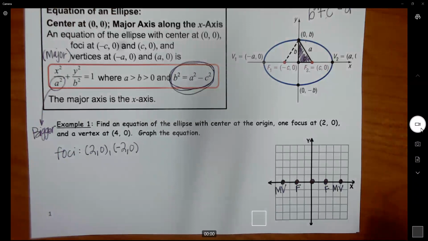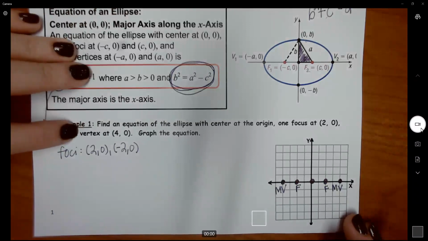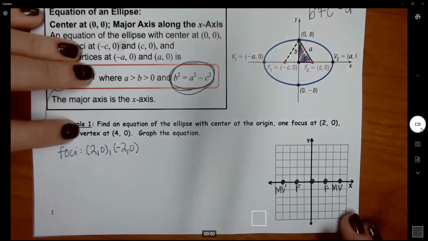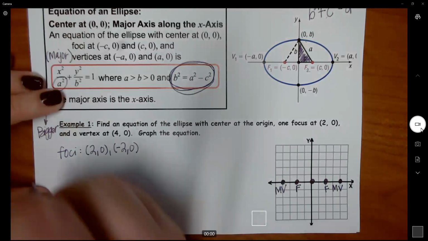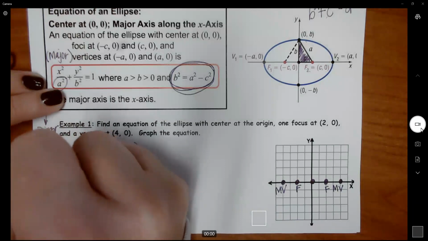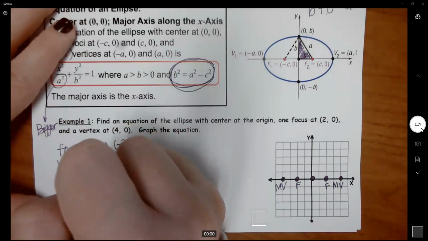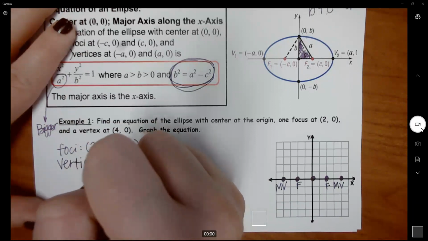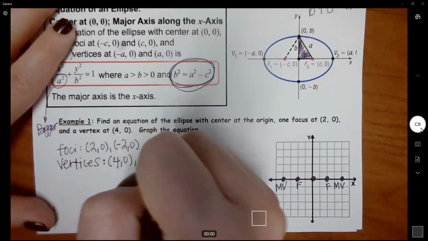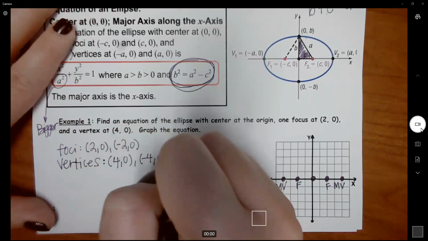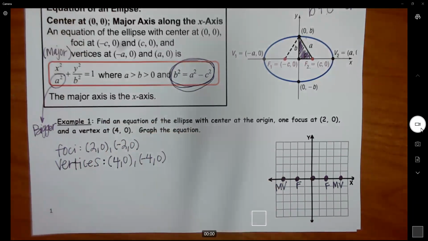Now when they say vertex or vertices, they're always talking about the major, but I like to label them. So here, my vertices are at the ordered pairs 4, 0 and -4, 0. Okay.